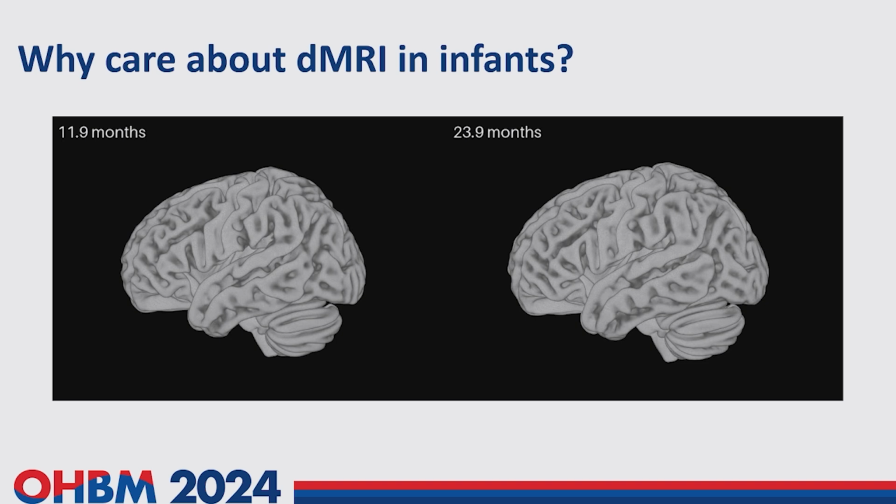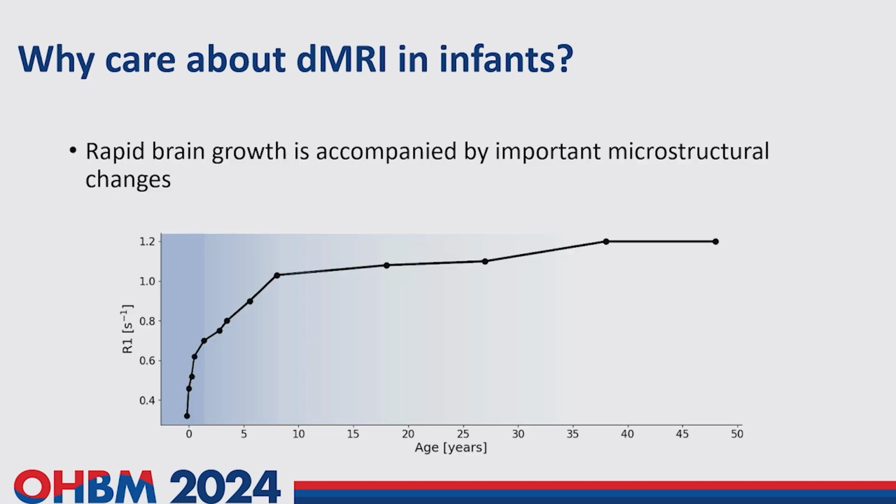And to me, the fact that the brain changes so rapidly makes infancy a particularly interesting developmental period to study. And the brain doesn't just grow rapidly during infancy, but these volumetric changes are also associated with important and tightly regulated microstructural changes. So in this graph here, I'm plotting changes in R1 over the course of the human lifespan.